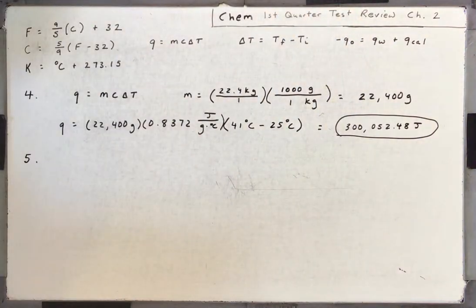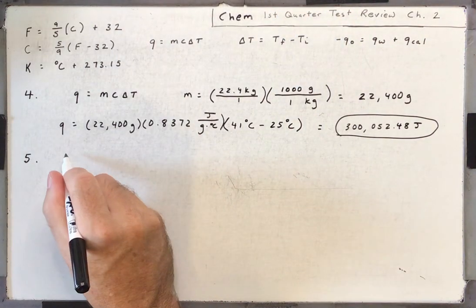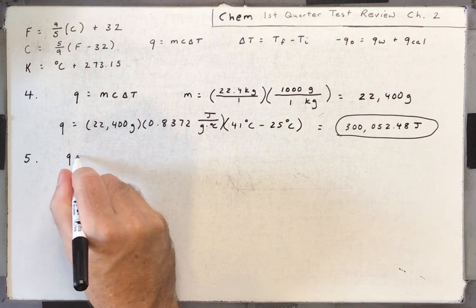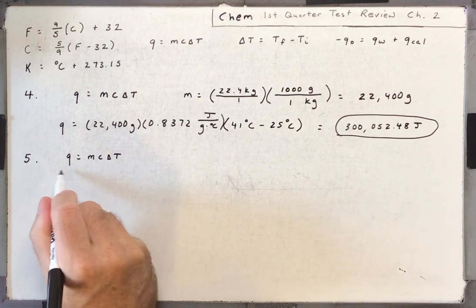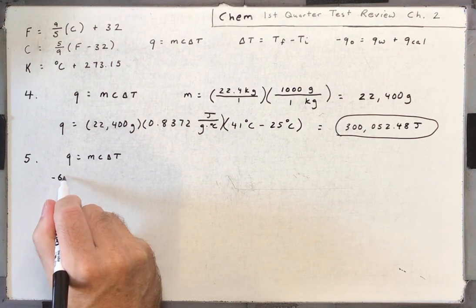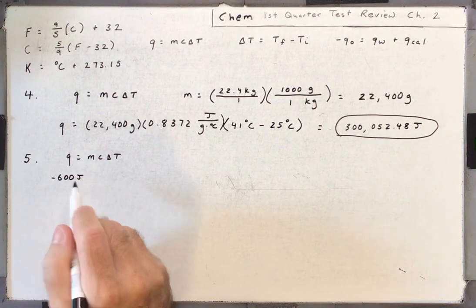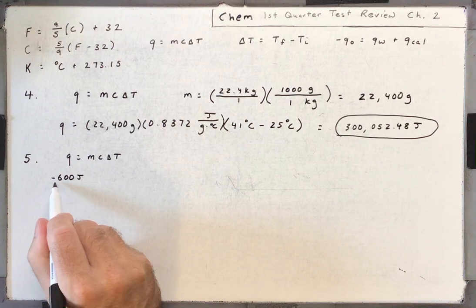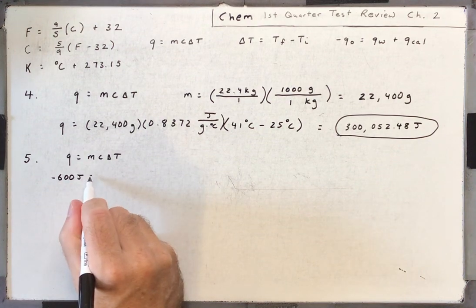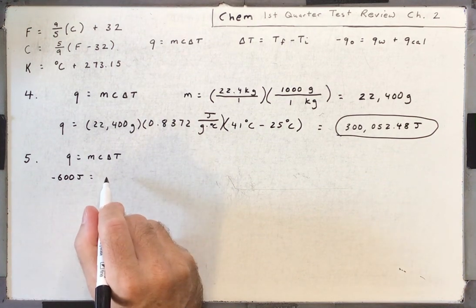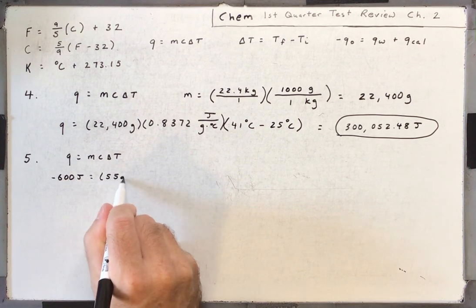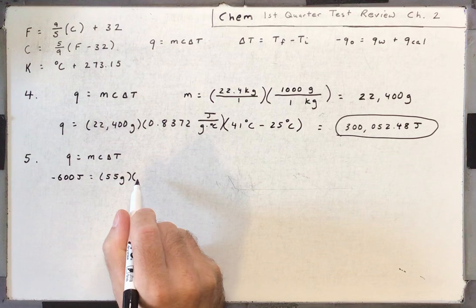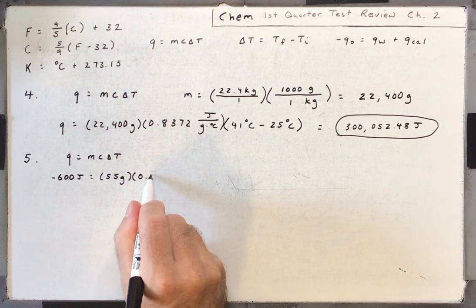So if it releases 600 joules, that means if we have Q is equal to MC delta T, that means Q is negative 600 joules. It releases or goes down by 600 joules. The mass is 55 grams. The specific heat of iron is 0.4521.